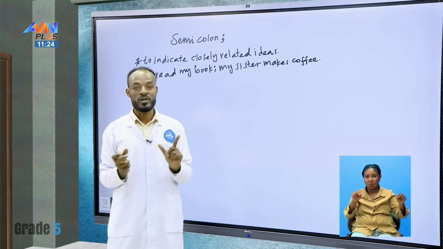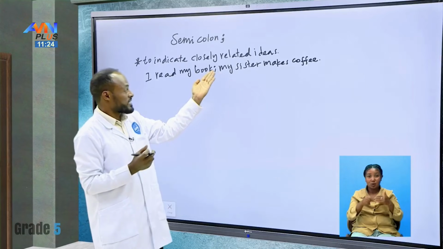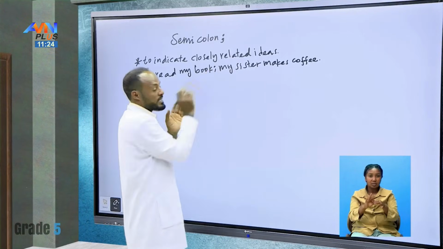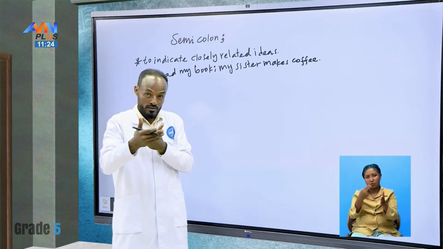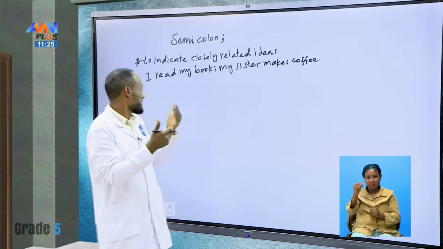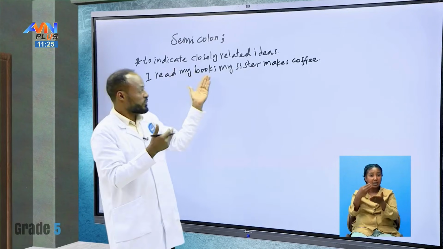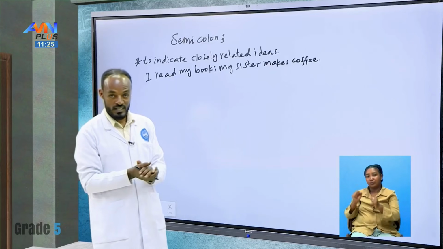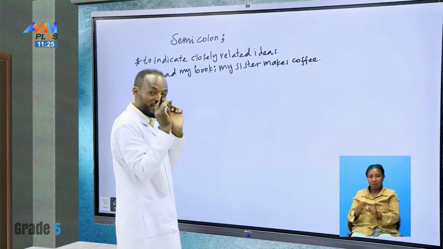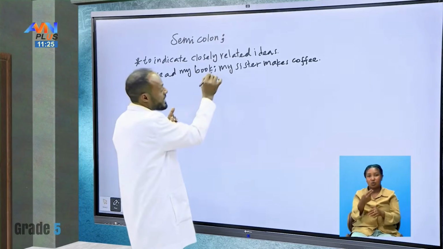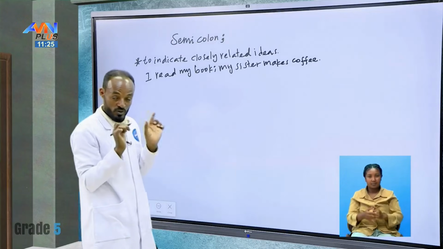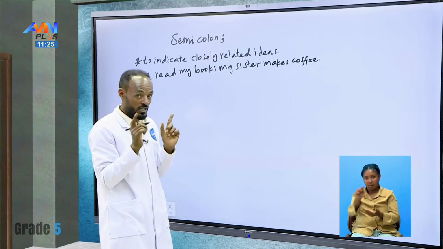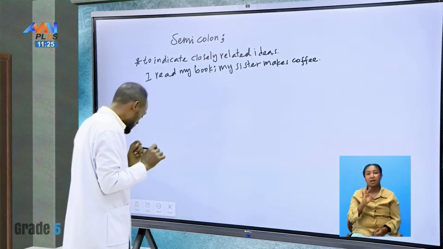We didn't use conjunctions. And instead of this semicolon, we can use and. Is it clear? For example, I read my book and my sister makes coffee. So, if there is no conjunction, we can use semicolon between them. Absolutely clear. Nice.